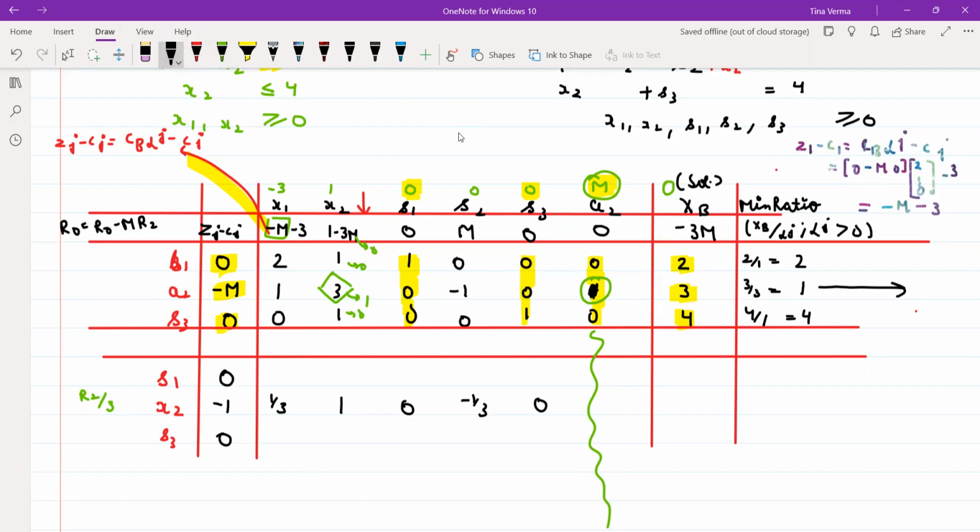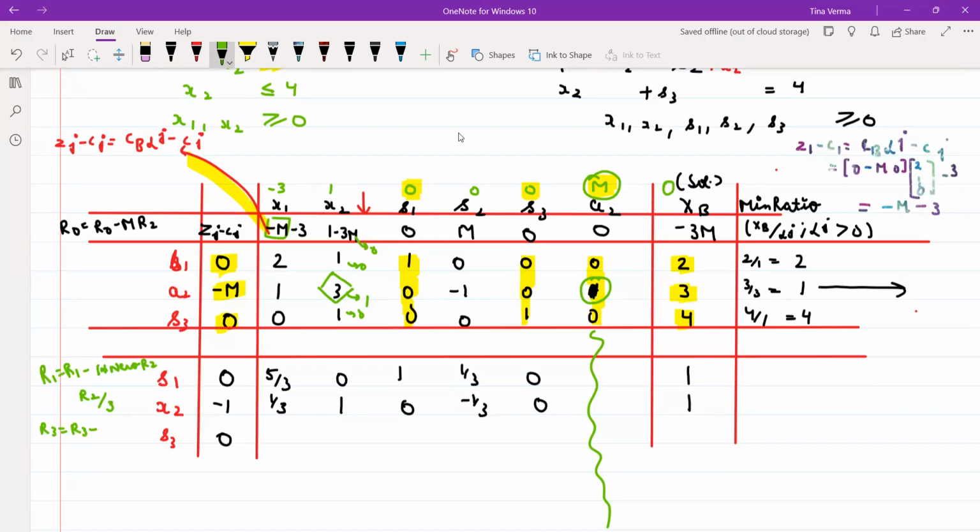So here it will be 1. I have to make this element 0, so I can apply the operation on R1. That R1 will be R1 minus 1 into your new R2. So that is your 5 by 3, 0, 1, 1 by 3. And this is 0, and this entry is coming out to be your 1, and you have to make this element also 0, so you will apply the operation on R3.